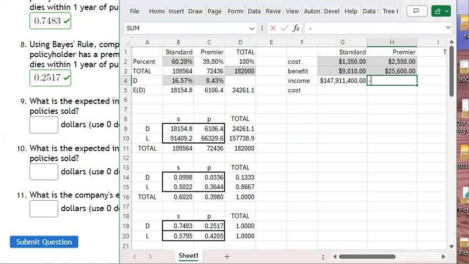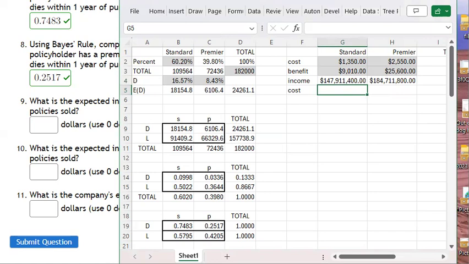We do the same thing for the premium policy. We're going to multiply that by the number of premium policies sold. And we got 184,711,800, right? Now we need to calculate the cost.